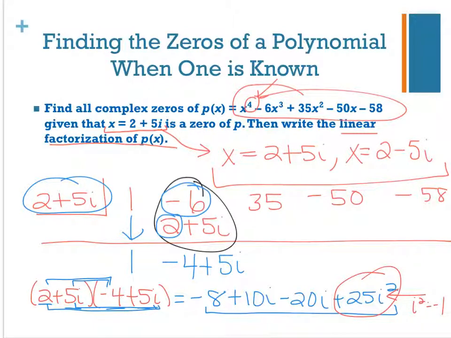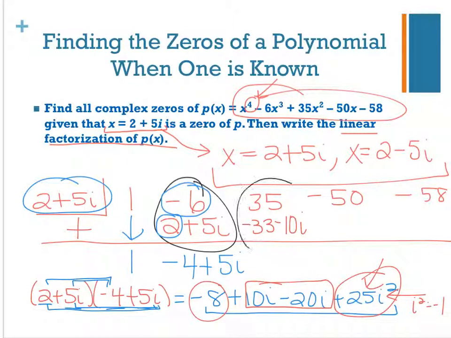If I combine that negative 25 with negative 8, I get negative 33. And if I combine the imaginary terms, 10i and negative 20i, I get negative 10i. And when I add this column, 35 and negative 33 minus 10i, I get 2 minus 10i.